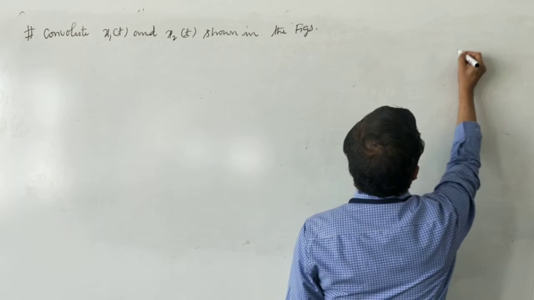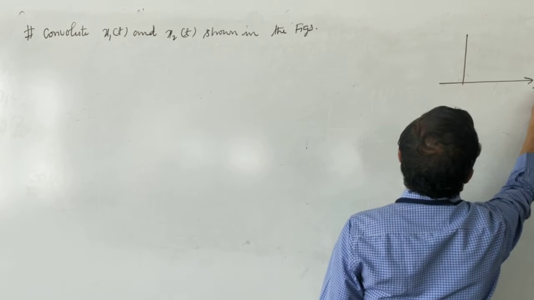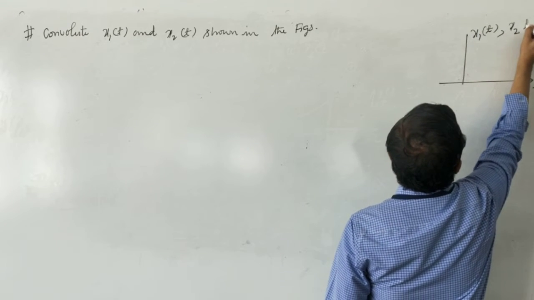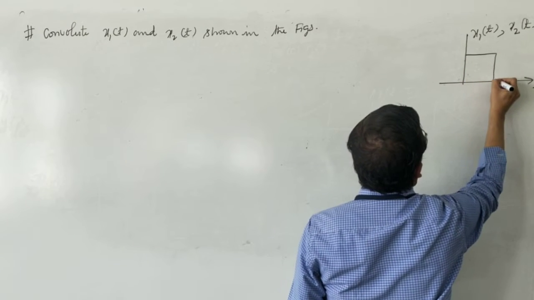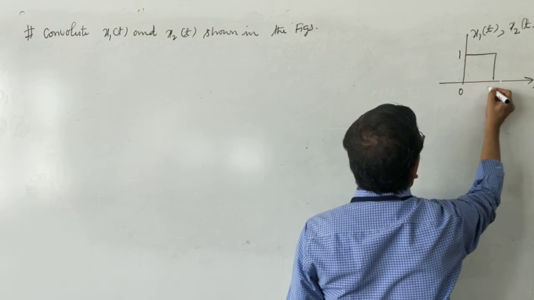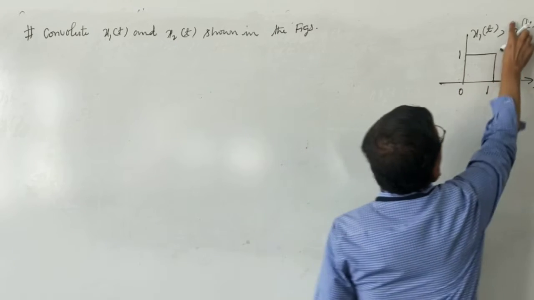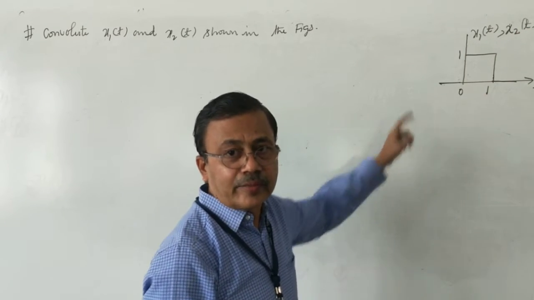This is the sketch of x1 of t. x1 of t and x2 of t in fact are identical. This is the rectangular pulse of unit amplitude, starts at 0, ends at 1. This is x2 of t.